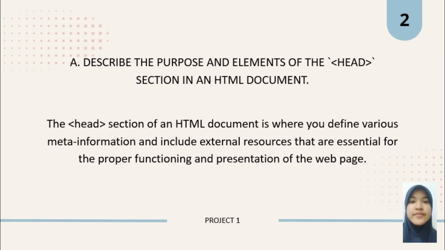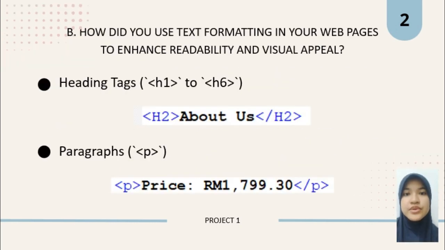The second one is how to use text formatting in your web page to increase readability and visual appeal. There are two ways. First one is heading text, H1 until H6.